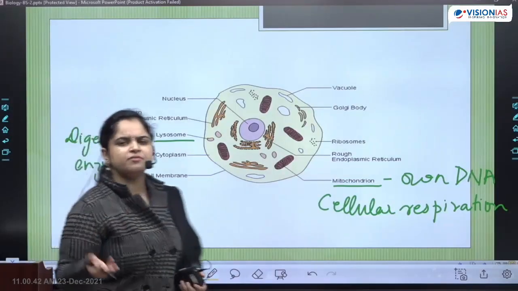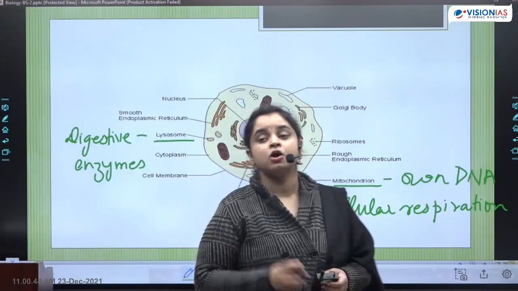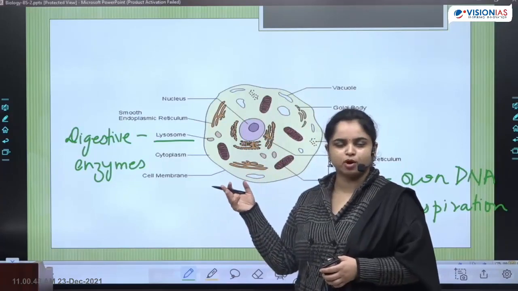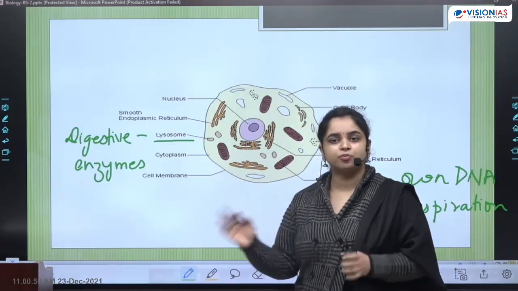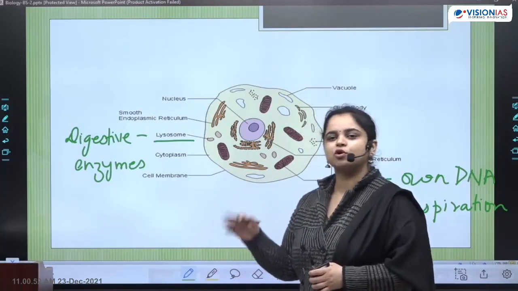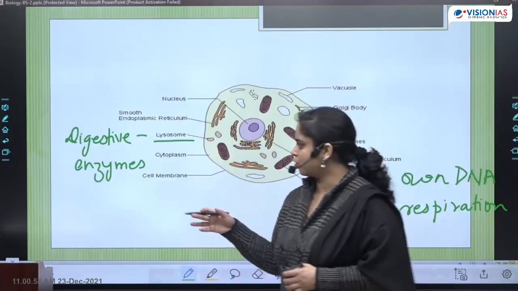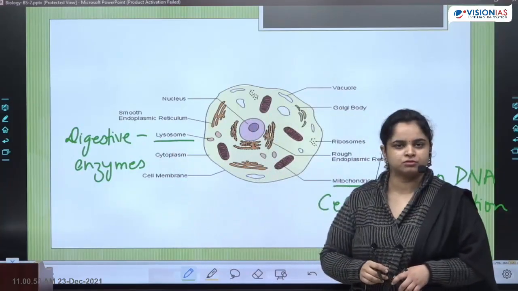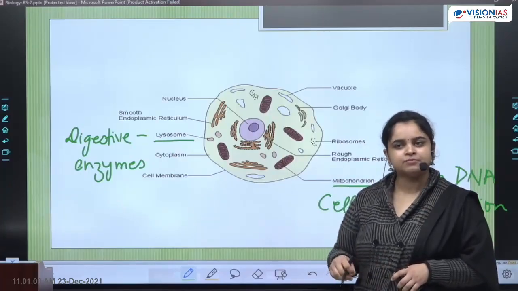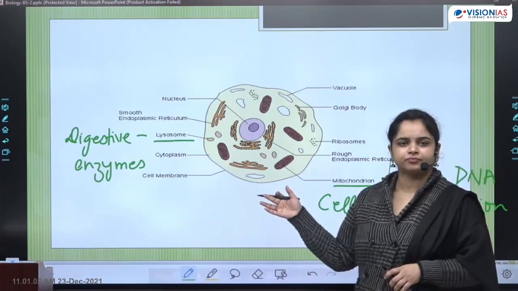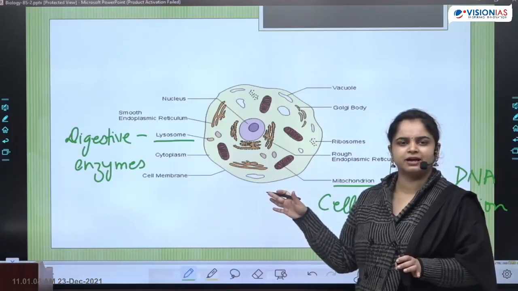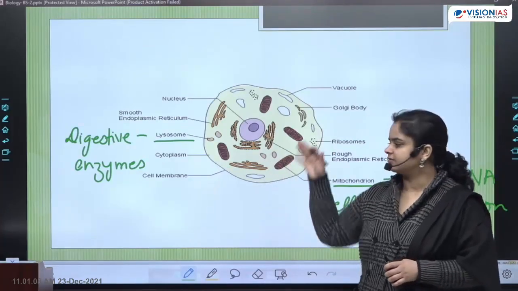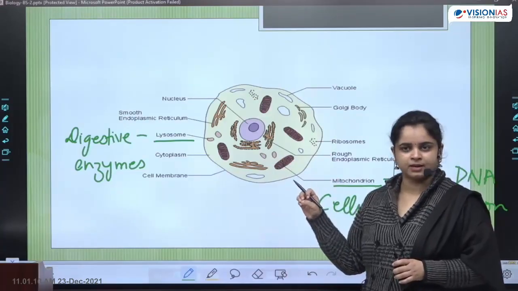So any foreign material which comes into the cell, or even within the cell, if there is any organelle which is not working properly and it has to be broken down, that process of breakdown or digestion would be done by the lysosomes. So they contain enzymes which are going to break down anything which needs to be broken down. It can be foreign material, it can be something within the cell.